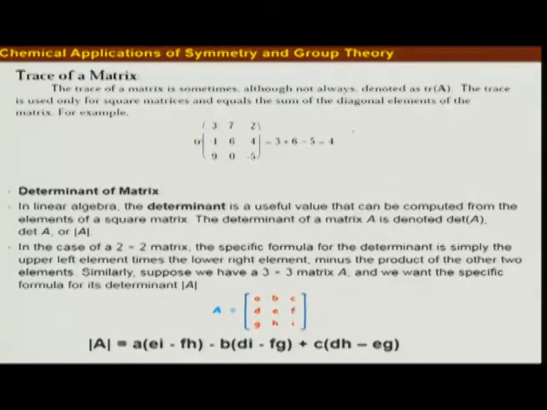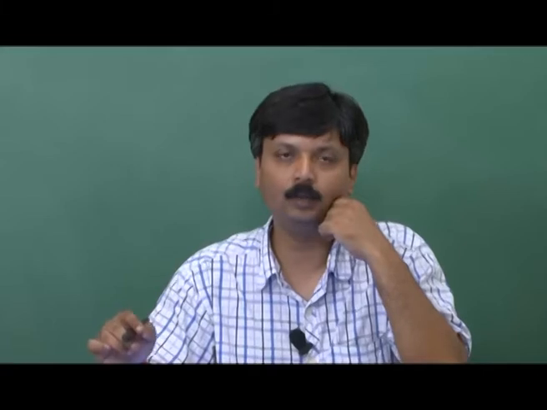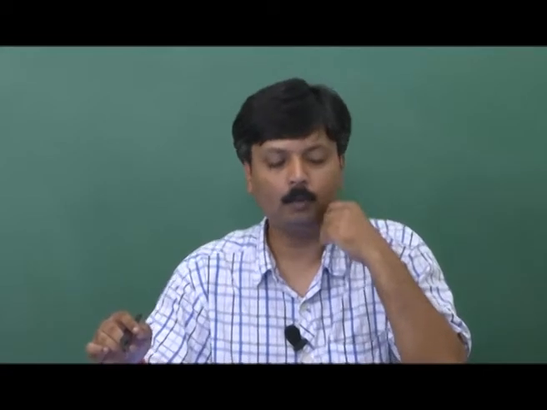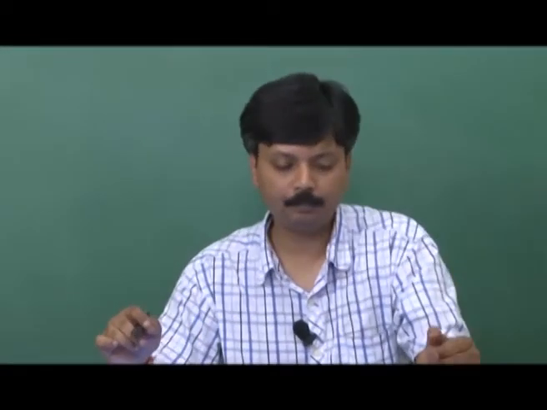Now, before we go to the representation of a group using matrix, we will learn a couple of more things. One is the trace of a matrix. This is something which you will be using throughout the course henceforth, once we go to the representation.